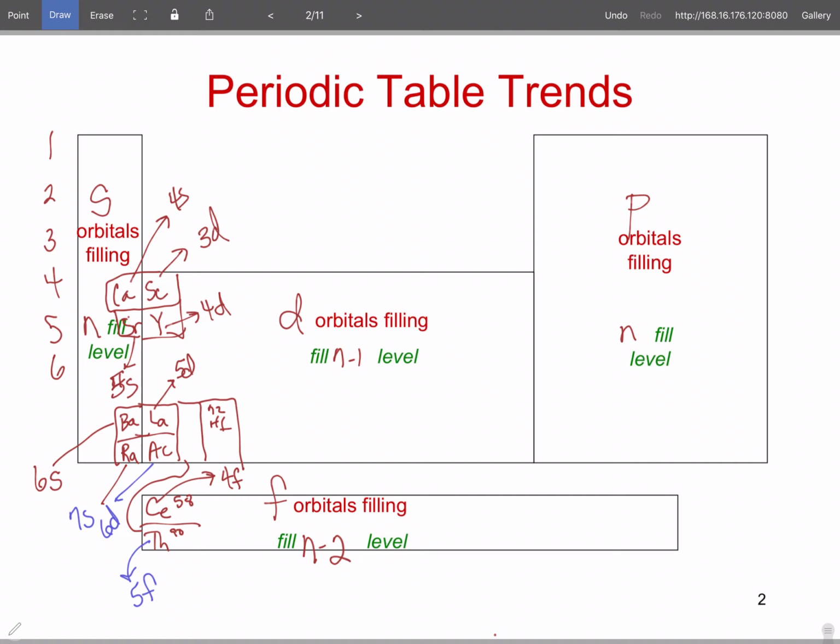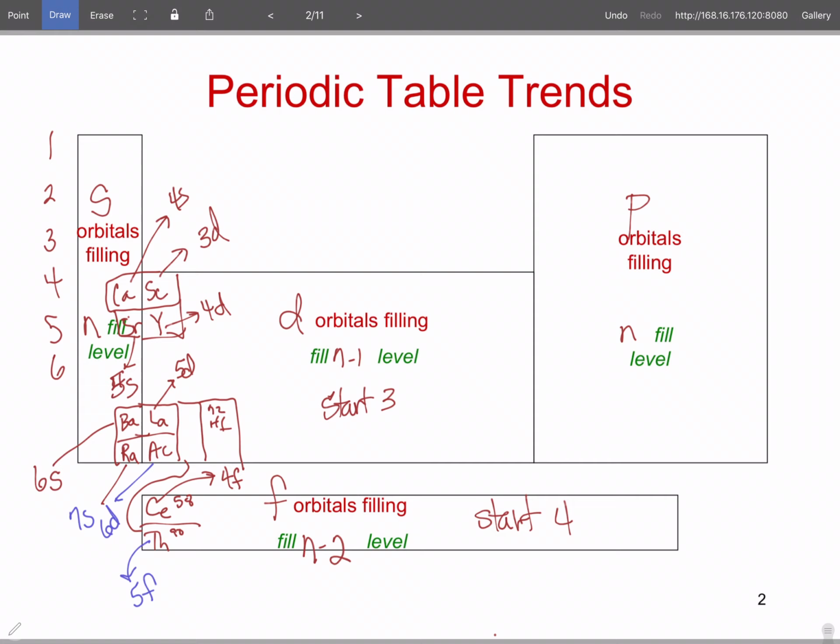The d's start filling at the 3rd energy level. The f's actually start at 4. Wait, something's not right there.